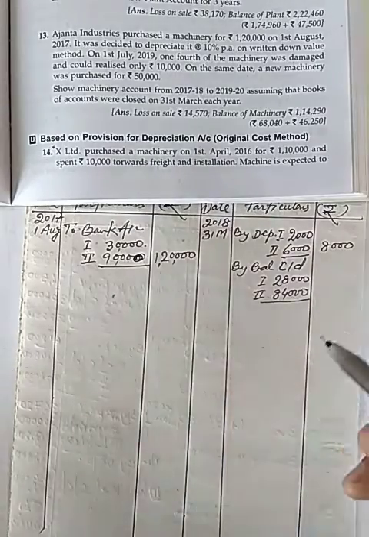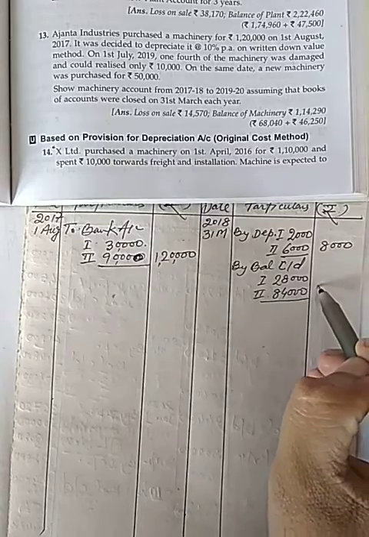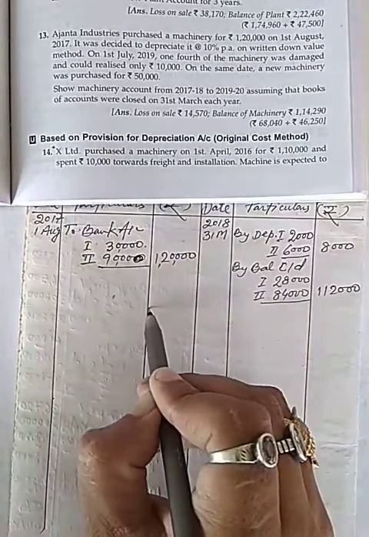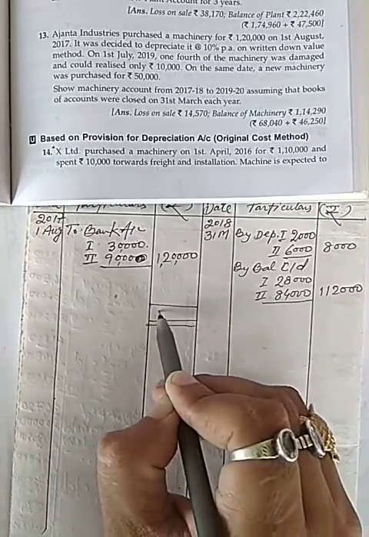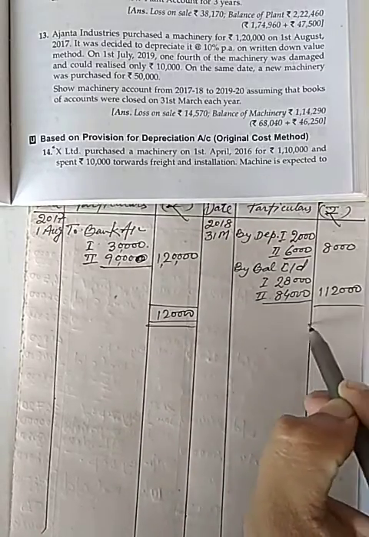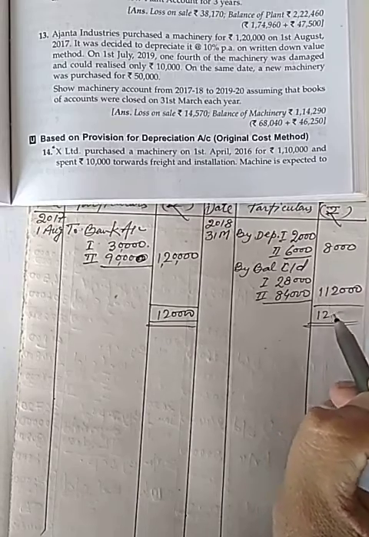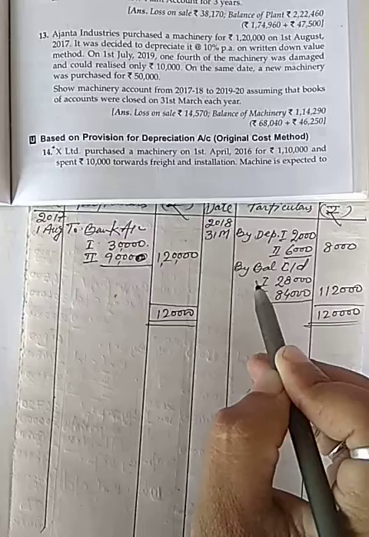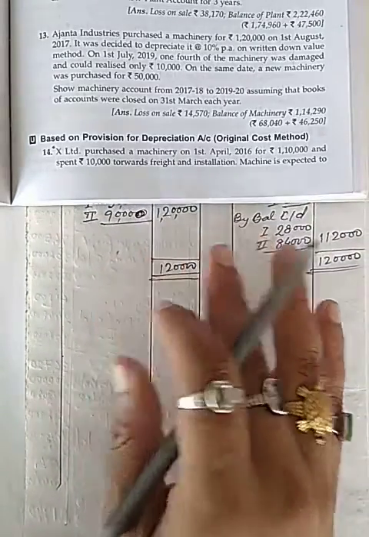Now student, total remaining value will be 1,12,000, and both sides will be 1,20,000 by adding this. Now balance c/d will transfer to next year.